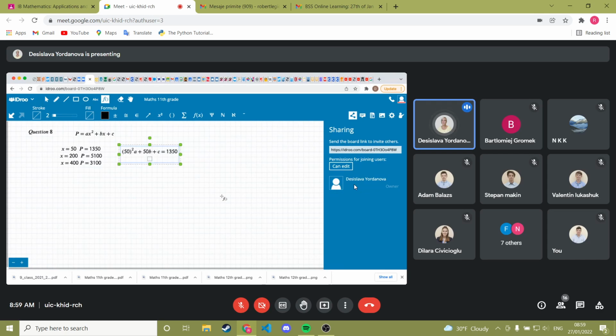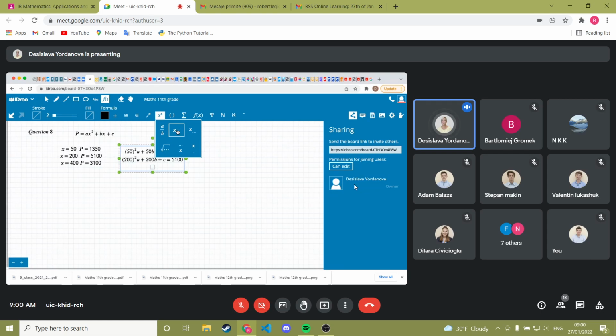For the next one, when x equals 200, we will have 200 squared a plus 200b plus c equals 5100.